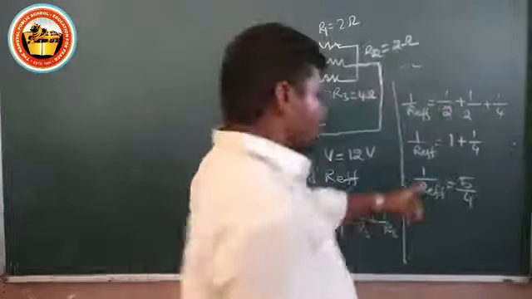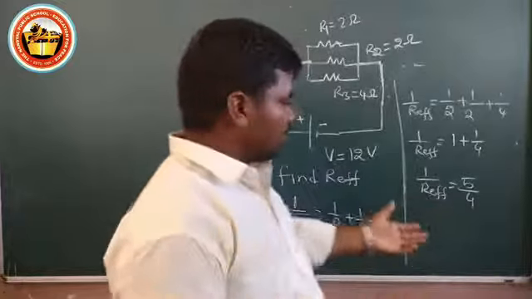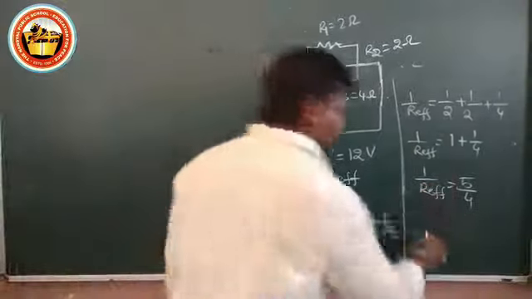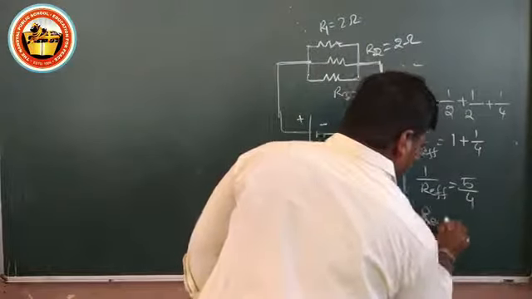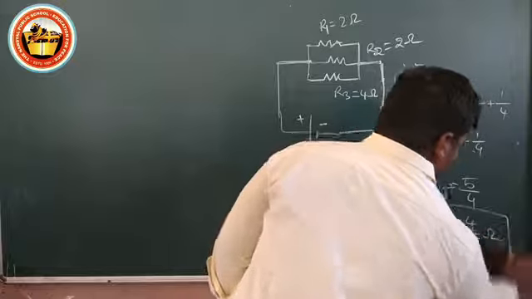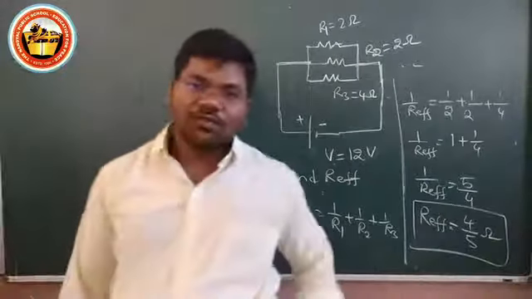This is the reciprocal form, the effective resistance in the form of inverse. So the reciprocal gives R effective equal to 4 by 5 ohms.